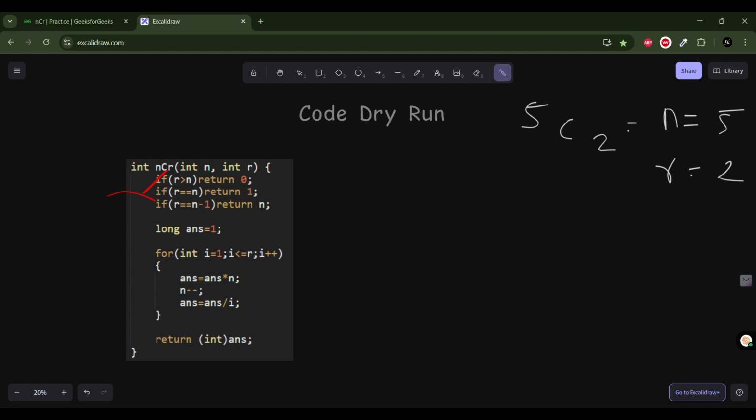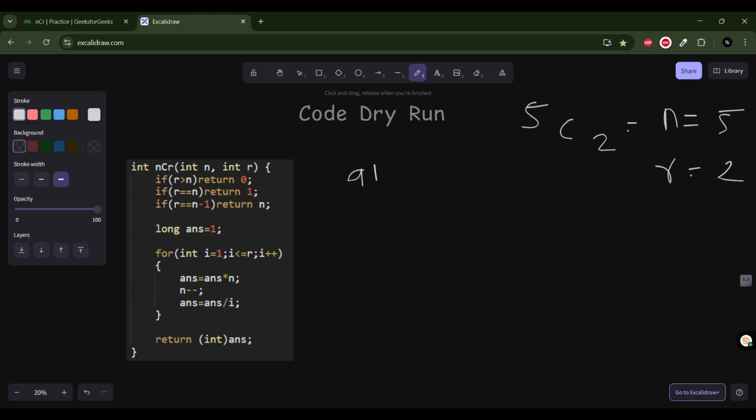First condition fails. If r is equal to n, also wrong. If r is equal to n minus 1, also wrong. Now take the long answer variable, answer equal to 1. Now we start the traversal.